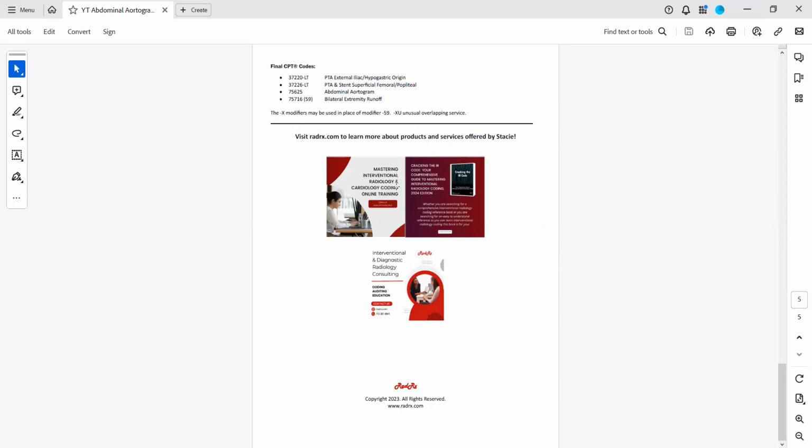We also have the 37226 for the angioplasty and the stent in the superficial femoral popliteal territory. And then we see our imaging codes for the abdominal aortogram and then also the bilateral extremity runoff. So remember that the catheterization codes are going to be bundled with 37220, 37226. Those are not going to be reported correctly.